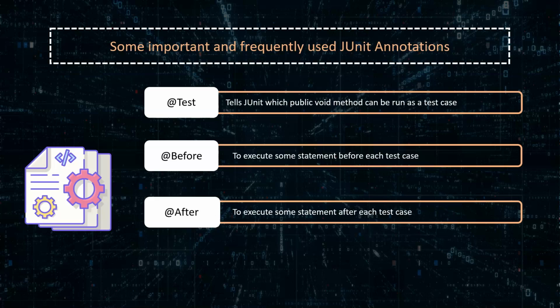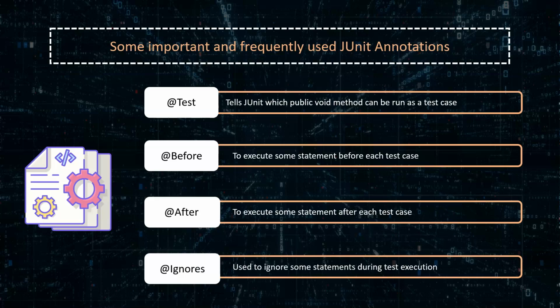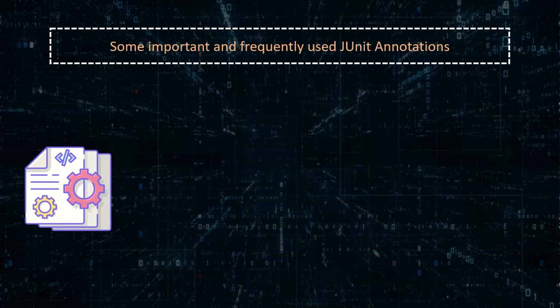And @Ignore is something which you can configure if, during the test execution, you feel like ignoring some statement. So @Ignore, @After, @Before, and @Test. These are the four annotations which are used most of the time in your JUnit test cases.